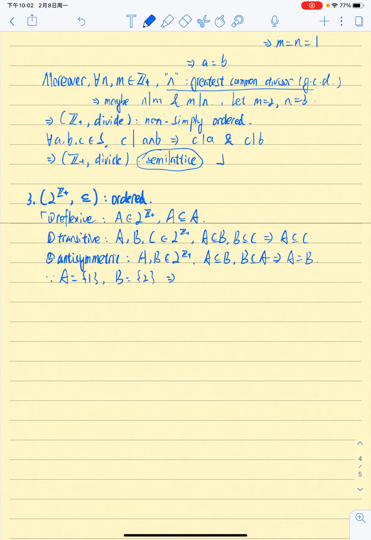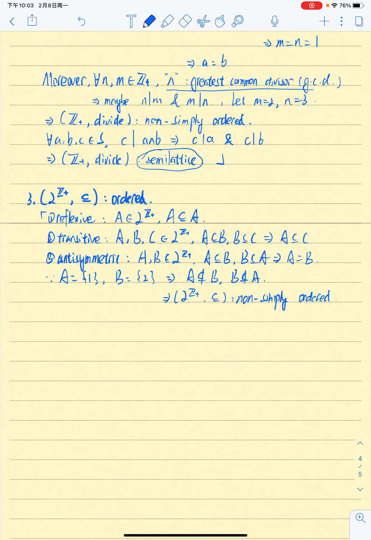Then A is not a subset of B, and B is not a subset of A. So the collection is not simply ordered.